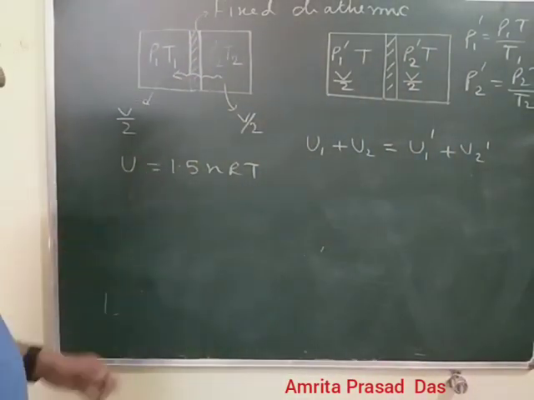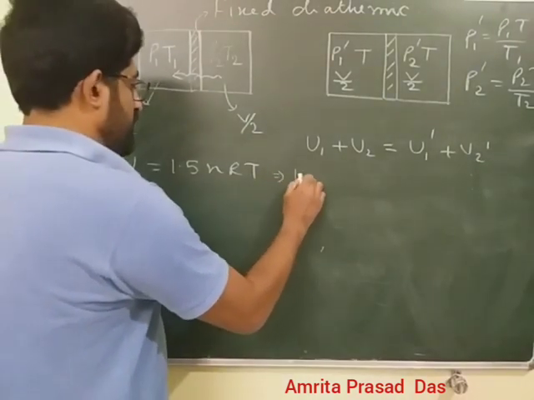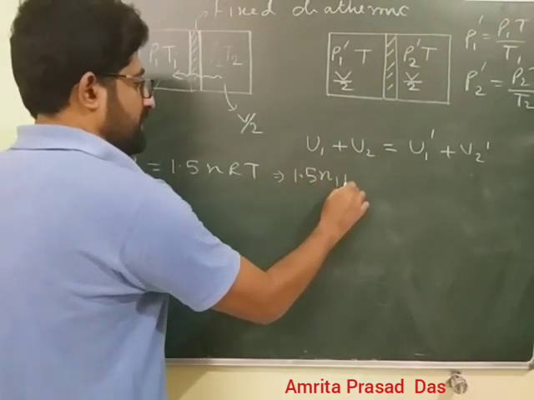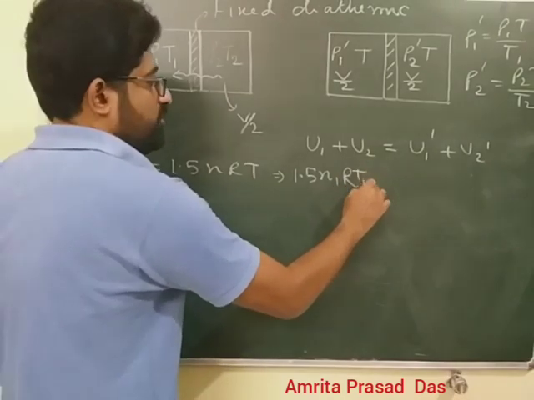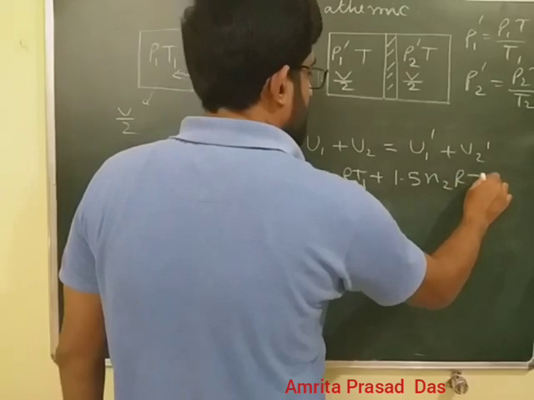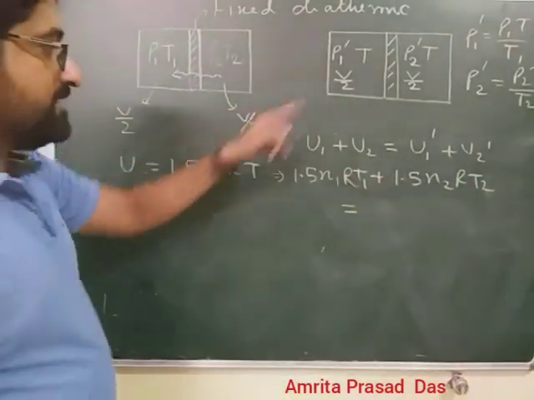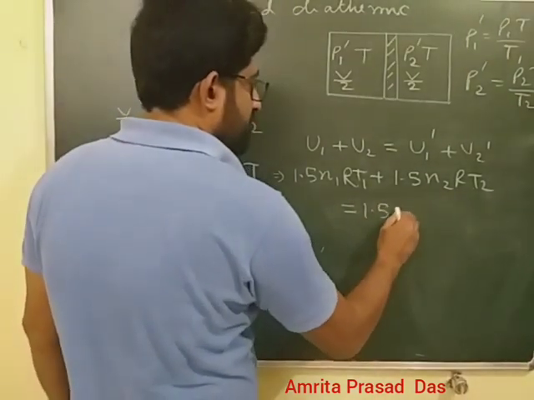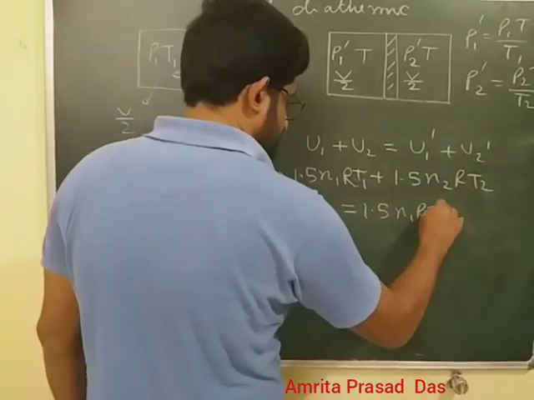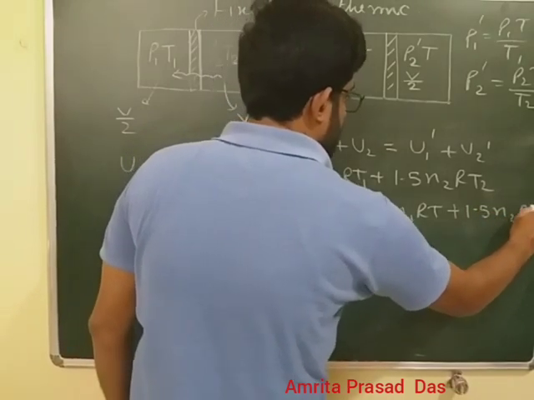Therefore, for the initial internal energy, you can put this expression: 1.5 N1 R T1 plus 1.5 N2 R T2 is equal to the final internal energy, that is 1.5 N1 RT plus 1.5 N2 RT.